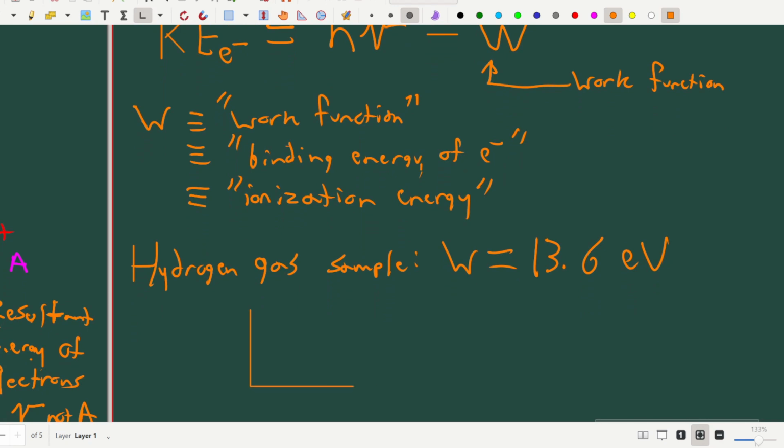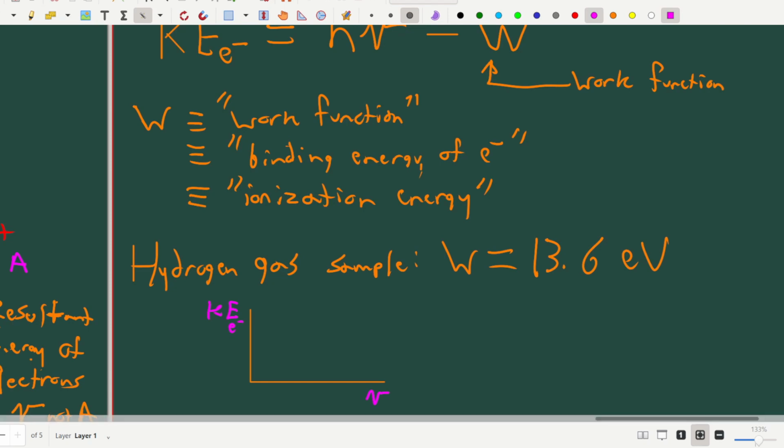So if I were to plot here the frequency of my light versus the kinetic energy of the electrons as they escape, at a frequency of the work function divided by h, you now have electrons with positive kinetic energy, and you have a nice line.